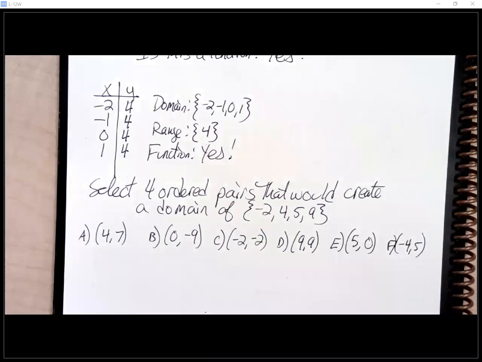So for example, you might have a question that looks like this. It's not just one answer, you would have to select 4 of them. So you pick 4 of these that would create that domain.